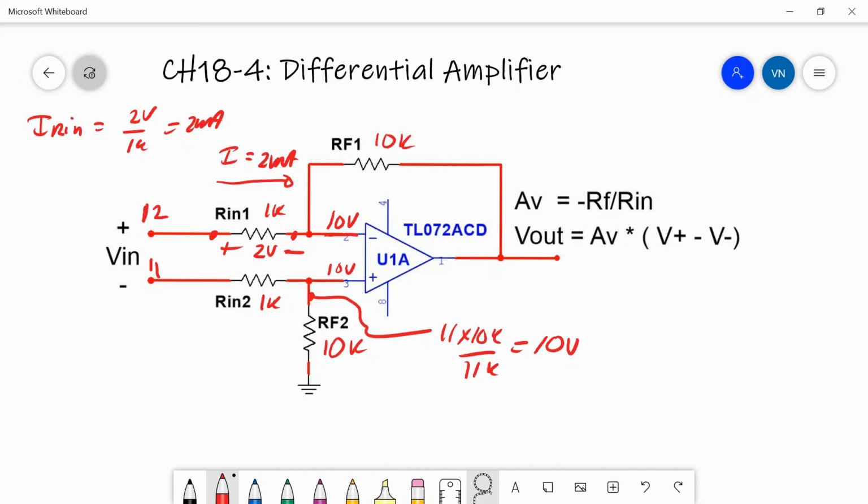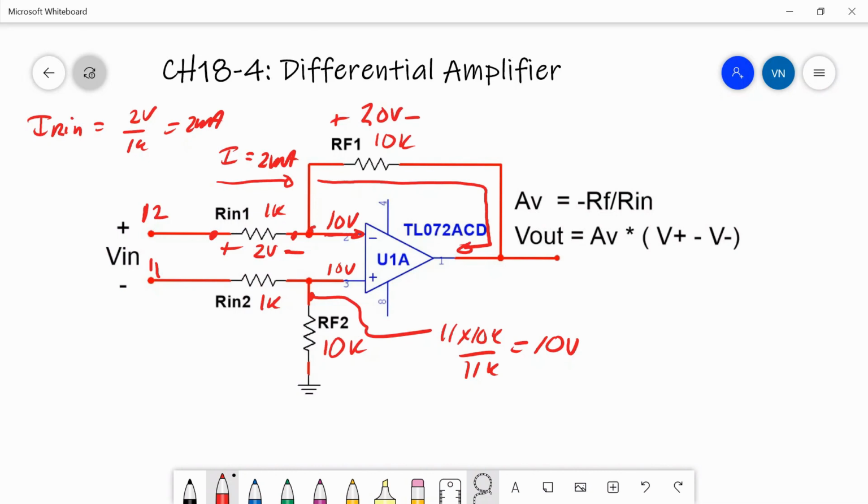Well, that current can't go into the input of the op-amp because the input of an op-amp is a high impedance. So none of the current goes that way. So that means it has to go through the feedback resistor and find its way to the output. That means that there is 2 milliamps going through this 10K ohm resistor. And that means there has to be 20 volts across that resistor.